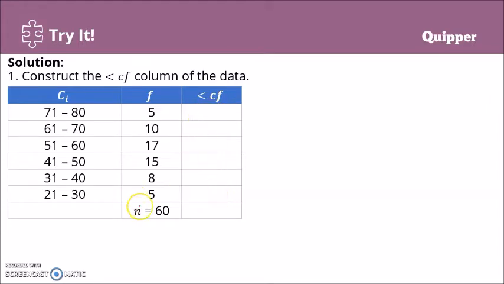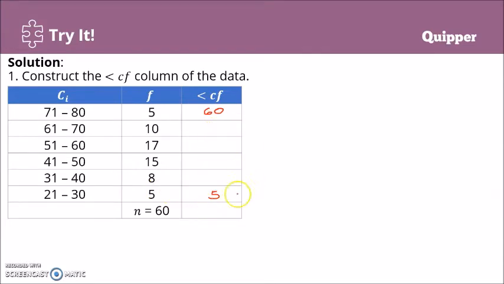So we have here 60. The lowest is 5, so 5 goes here. We can do it from the top by subtracting, or from the bottom by adding. Okay, the next frequency.